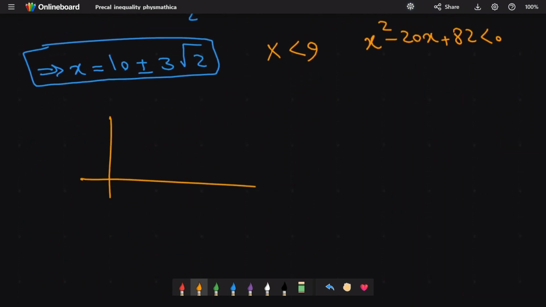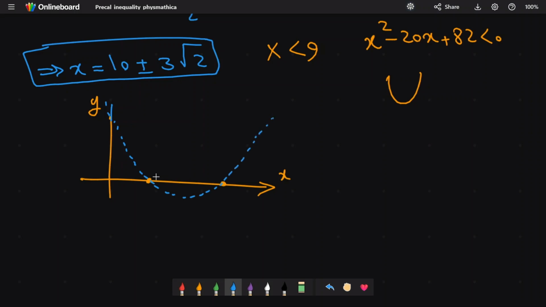We don't have to really draw it, we just have to understand what's going on. So if this is my x and y, our a here is positive, so we can simply say that it's going to look like that. And we have two roots, correct? We found two values for x, 10 plus or minus 3 square root of 2, one here and one over here.